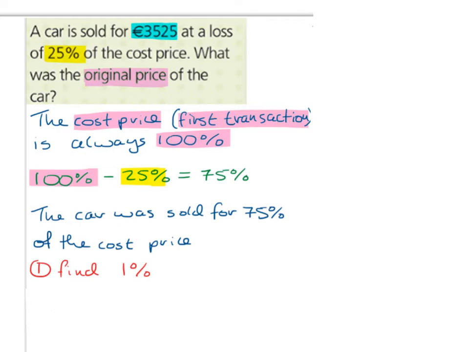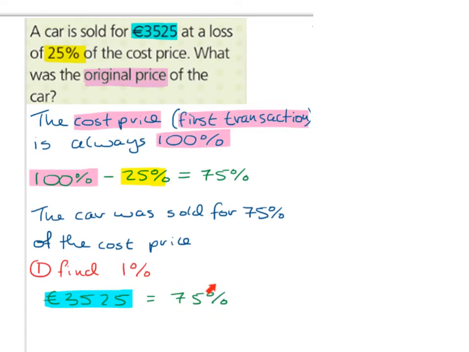So just like in the last question, we're going to first of all find 1%. We know 75%. We want to know 100%. So first of all, we have to work out 1%. So the car was sold for €3,525. So that's equal to 75% of the original cost. We want to find 1% first of all.